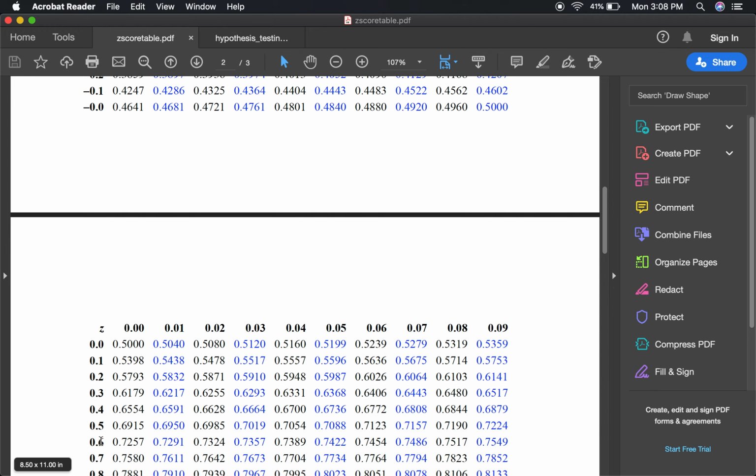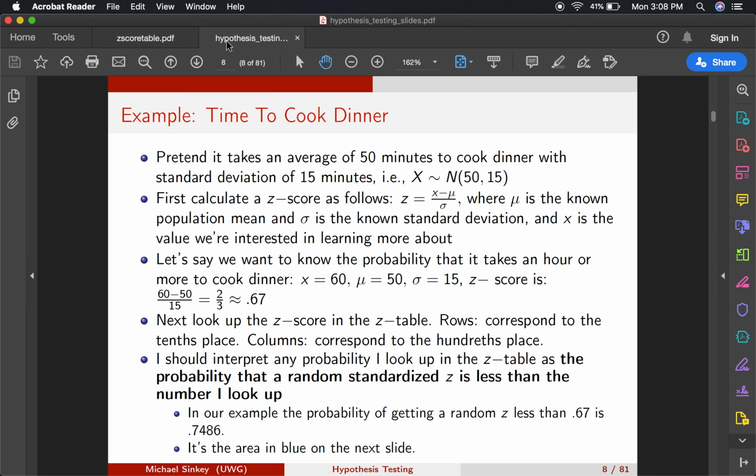Why 0.6? Because 0.6 is the 10th place. Now I go to the columns next. Columns correspond to the 100th place. Each z-score is rounded to 2 decimal places. So the 100th place is a 7.